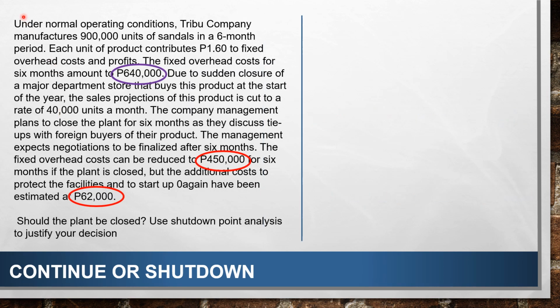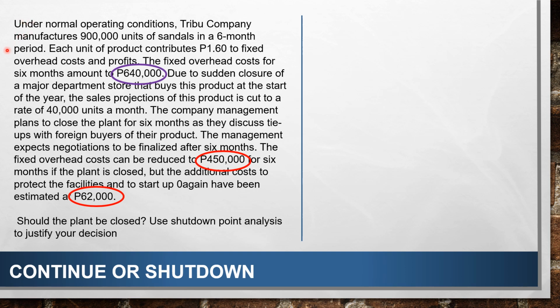Okay, so let's discuss another, second problem under the continue or shutdown operations situation. Under normal operating conditions, Tribo Company manufactures 900,000 units of sandals in a 6-month period. Each unit of product contributes 1.6 to fixed overhead costs and profits.